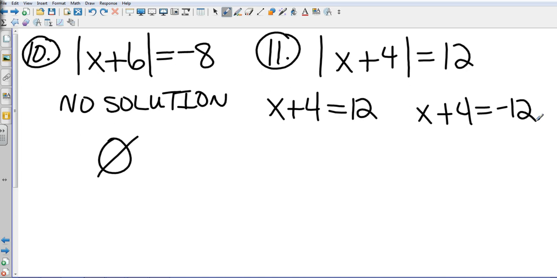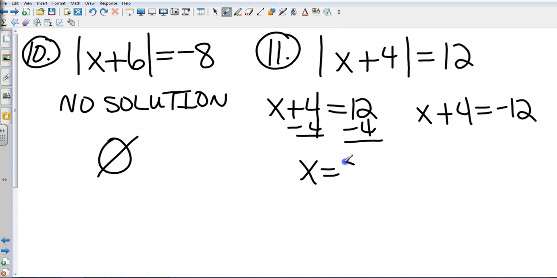Now, this is where some will say, but gosh, Mr. Renault, you keep saying distance is positive. That's right. Okay. Could the number inside of here be -12? Yes, because the distance from -12 to 0 is 12. That's why we do two different equations. Now, these are one-steppers, no big deal. Subtract 4 from both sides.